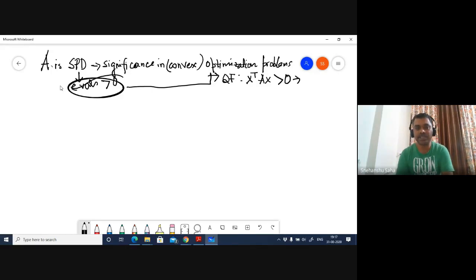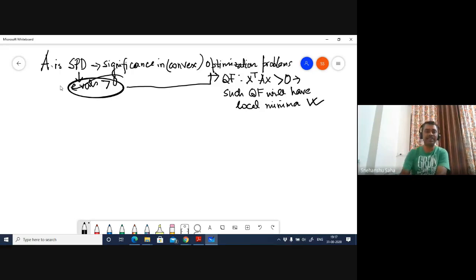And such quadratic forms will have a local minimum, basically an example of a parabola facing up.